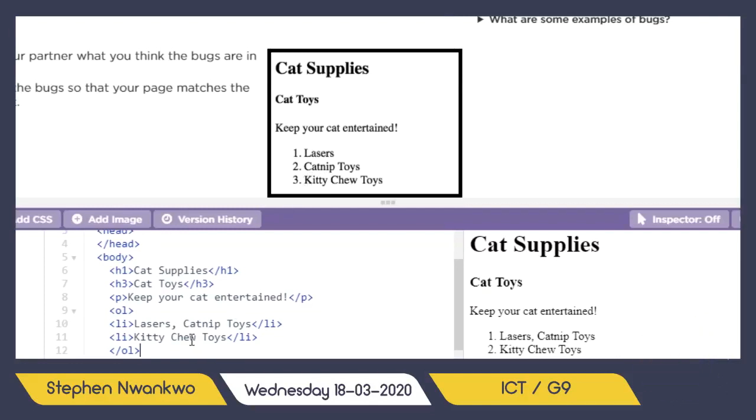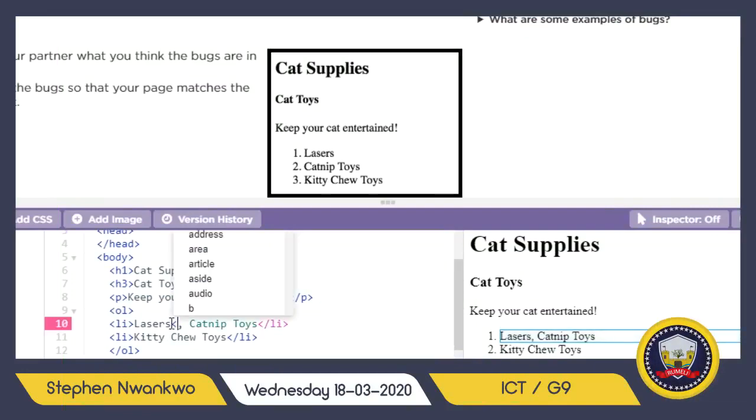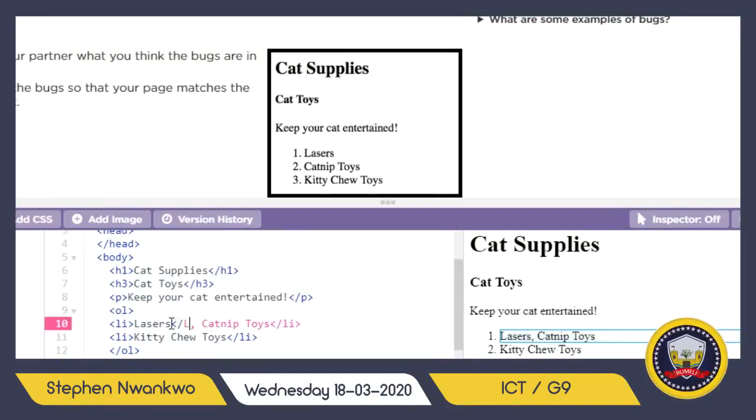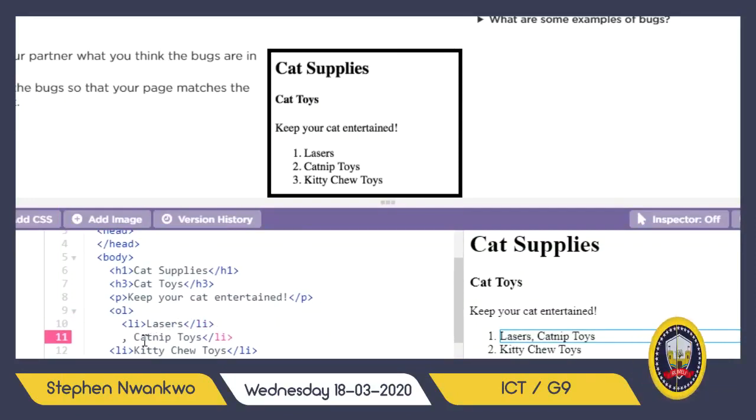Now let's arrange the numbers. Over here is the opening tag of list for lasers. Now you come over here, you click the lasers, you close it with the list tag. Okay, you click enter.